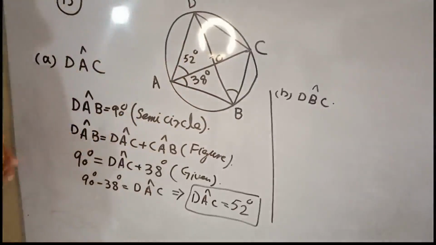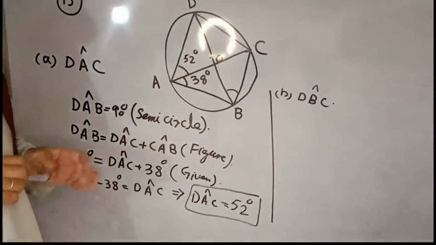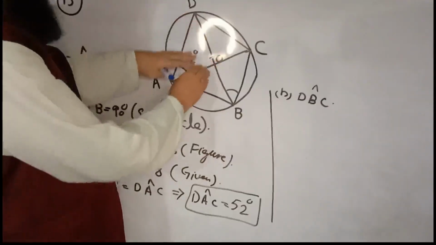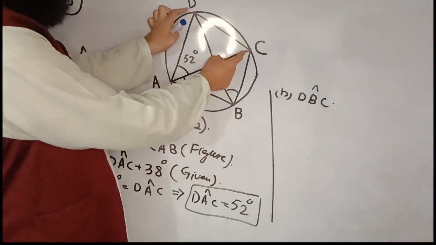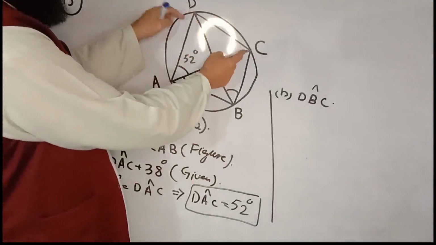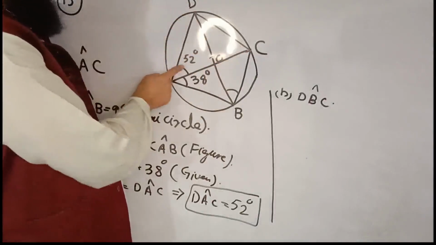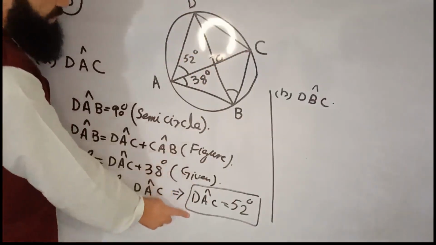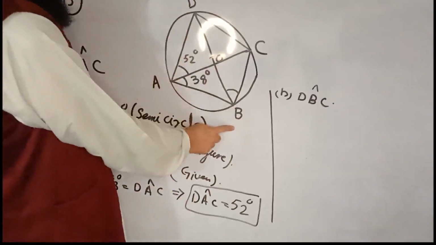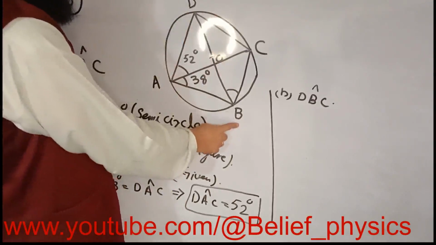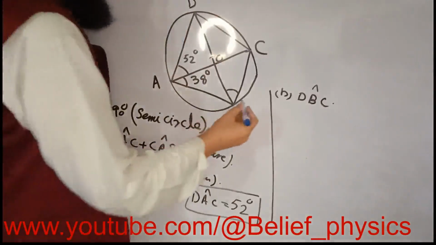Now, angles subtended by an arc in the same segment are always equal. So any angle in this segment by DC will be 52 degrees, the same. This angle is subtended by DC at A, which is DAC, and it comes out to be 52 degrees. DBC is also subtended by DC in the same segment, so this will also be equal to DAC.